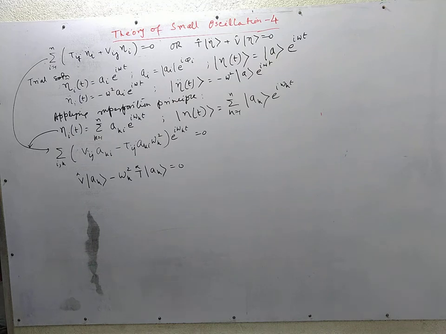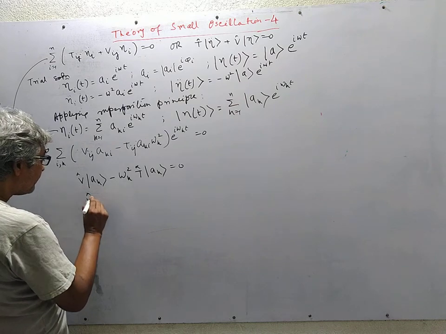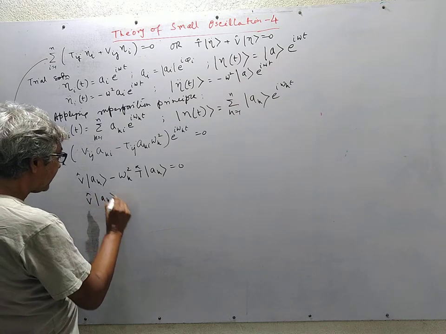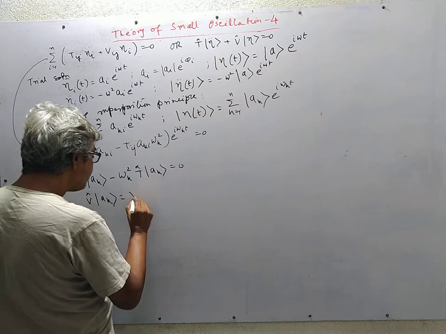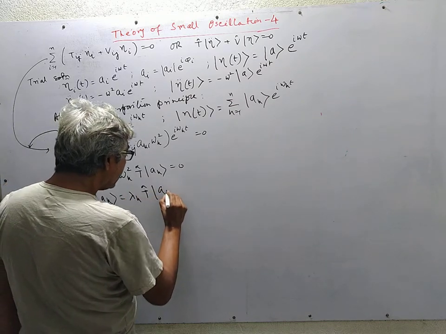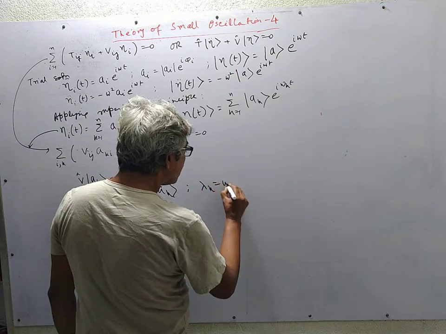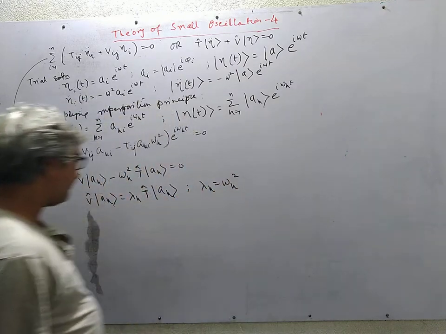So we rewrite this equation as V a_k is equal to lambda_k T a_k, where lambda_k is equal to omega_k square.